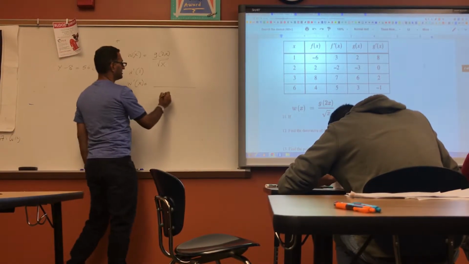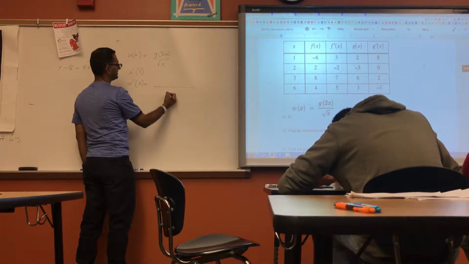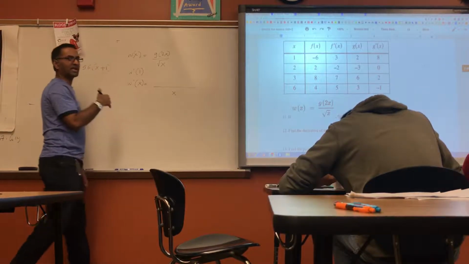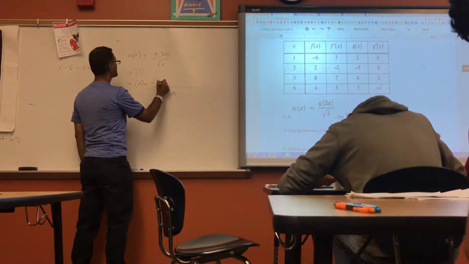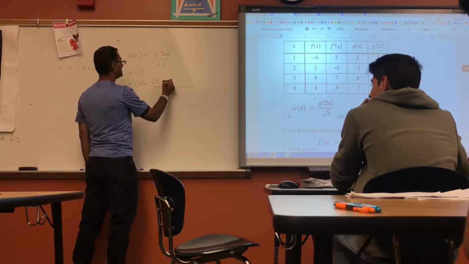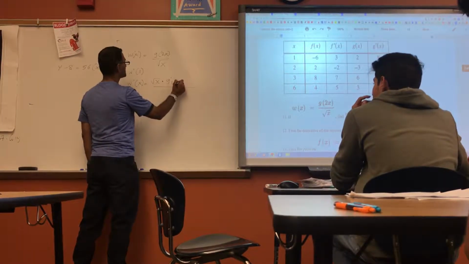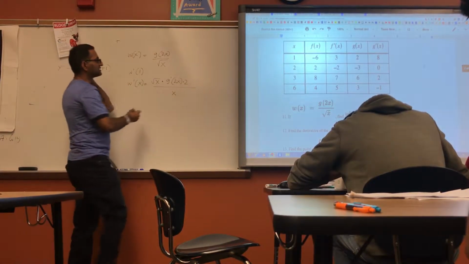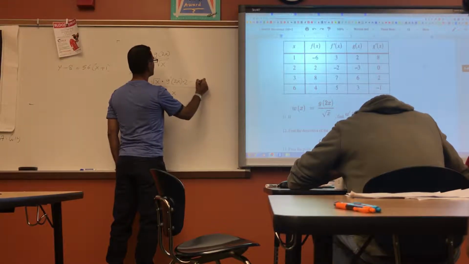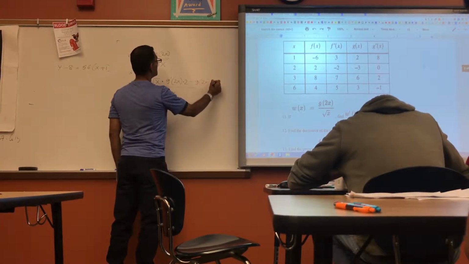What am I writing in the denominator? Just x, smart kids, because radical x squared is x. So top left is radical x times, guys, chain rule, G dash of 2x times 2. Very good. Chain rule. Minus G of 2x times 1 over 2 radical x.